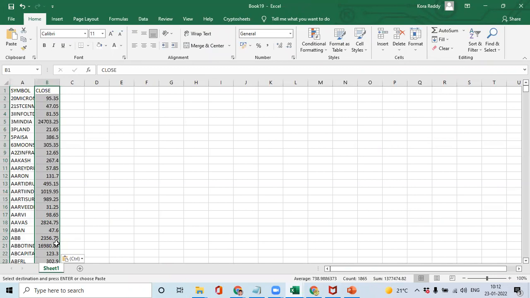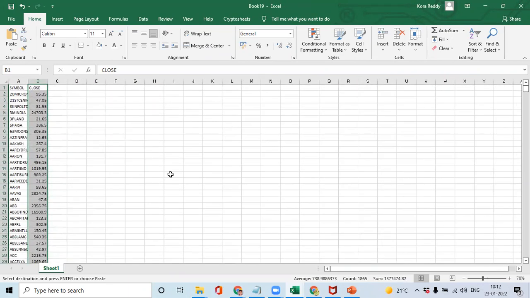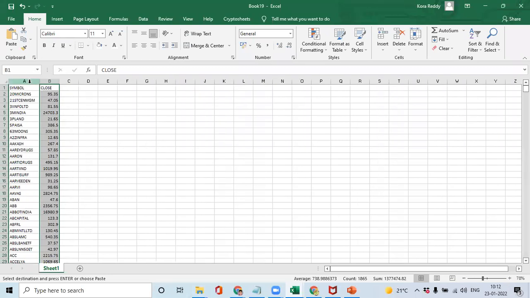You can also take the volume, but I'm 95% sure your portfolios are not running in multi-crores where you need to worry too much about the volume. Just pay attention, that's all.